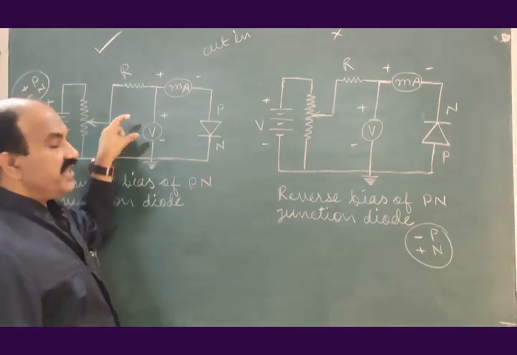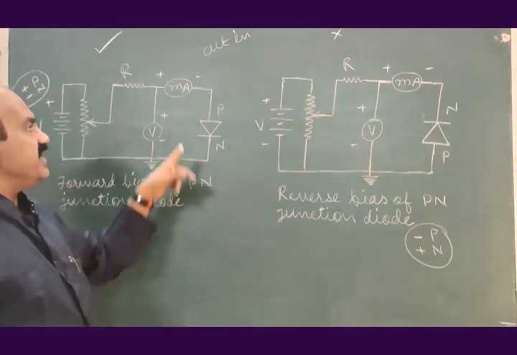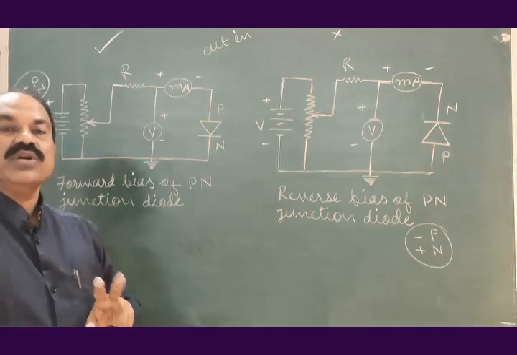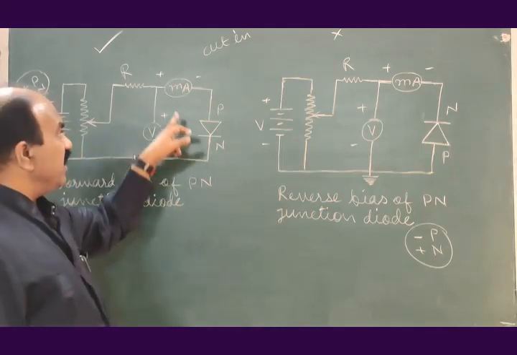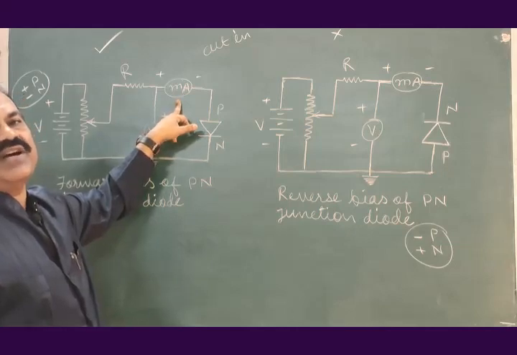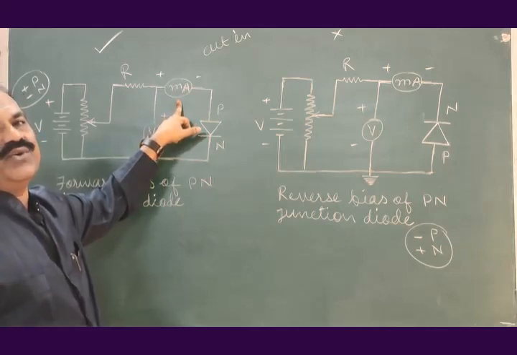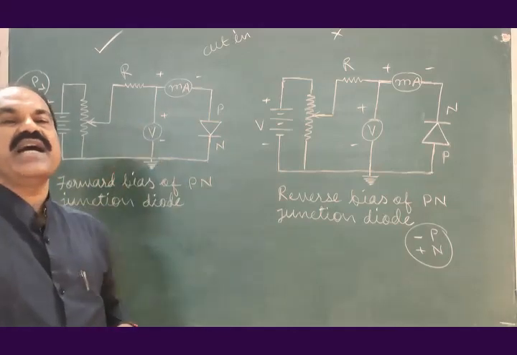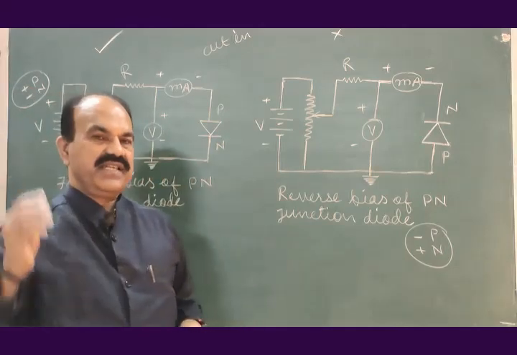So, whenever the voltmeter shows the voltage across this diode equal to the cut-in voltage or barrier potential, the milliammeter starts showing current through the diode. As you increase the voltage, the current through the diode increases continuously.